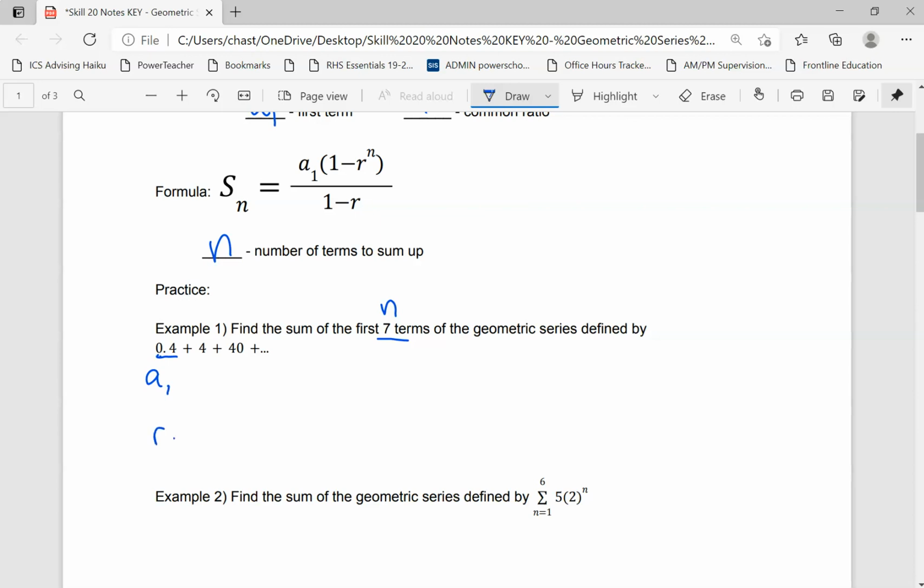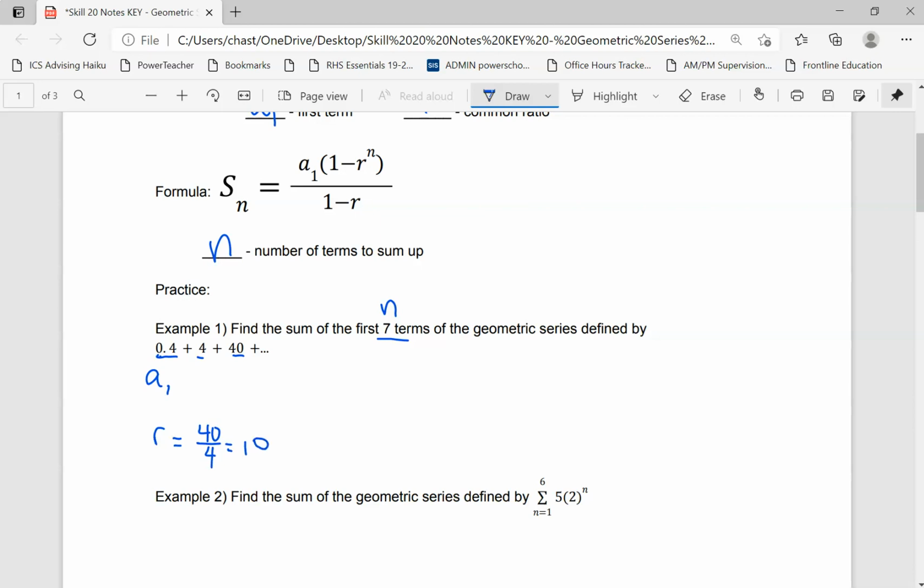To figure out our r, we take a term and divide it by the previous term. I'm going to take 40 and divide it by 4, which gives me 10.